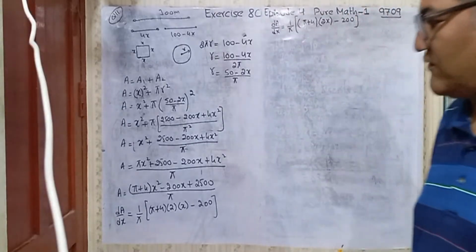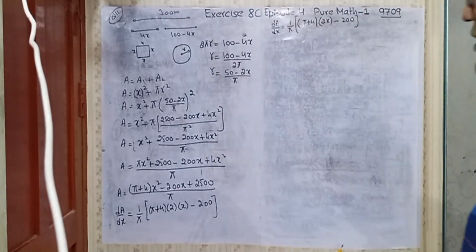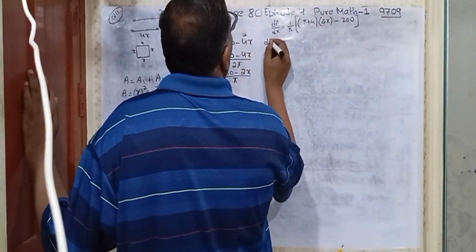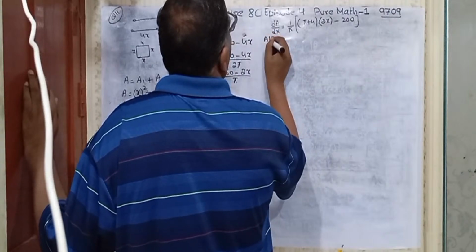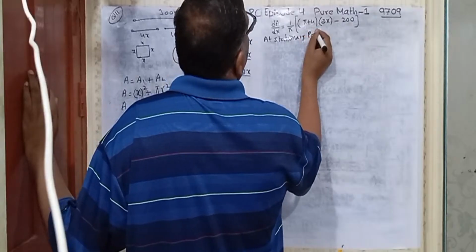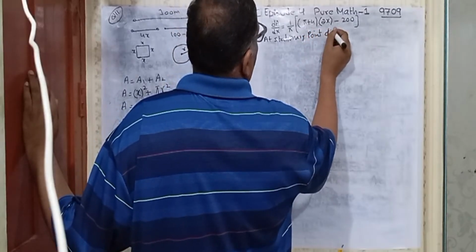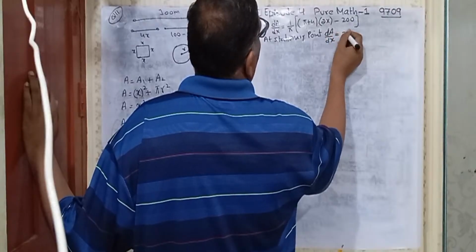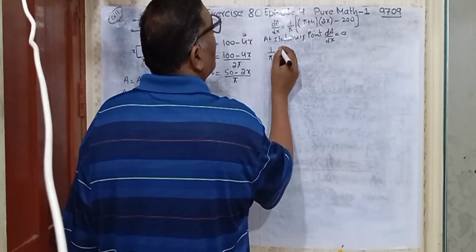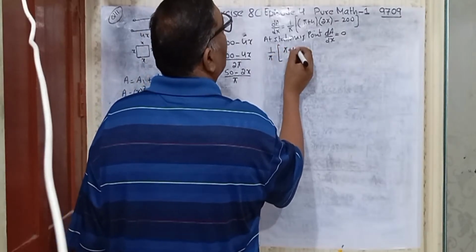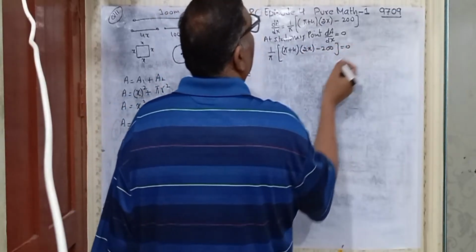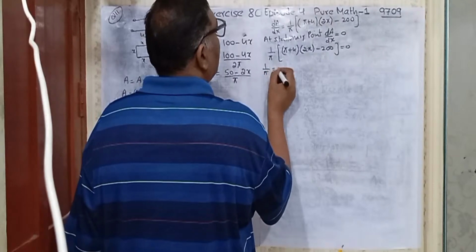When you have your stationary point, you know dA by dx will be equal to 0. So just make this whole thing equal to 0. So pi plus 4 into 2x minus 200 equals 0. 1 by pi equal to 0 means nothing.